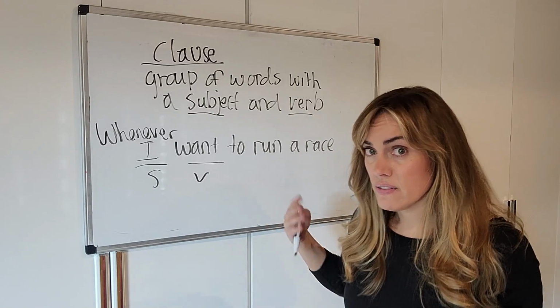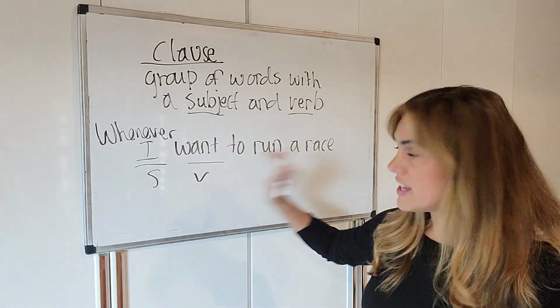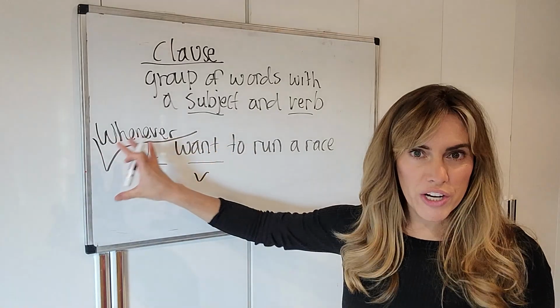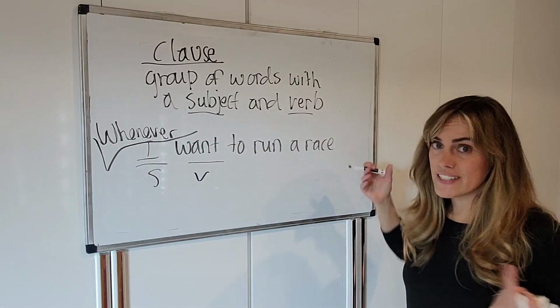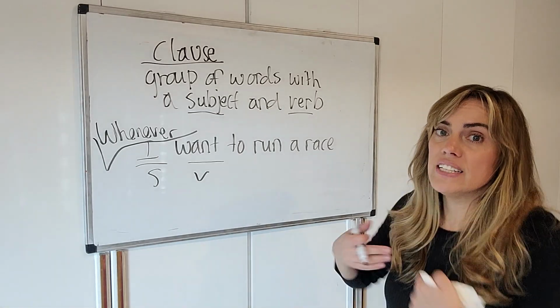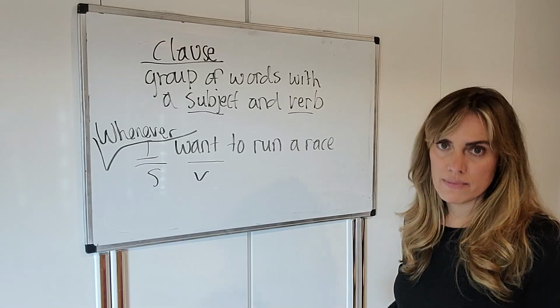What? It's not done. It still has a subject, it still has a verb, but because we have this time word now, this clause is not complete. It doesn't make sense by itself. It needs to have something else, another clause, to make it complete.